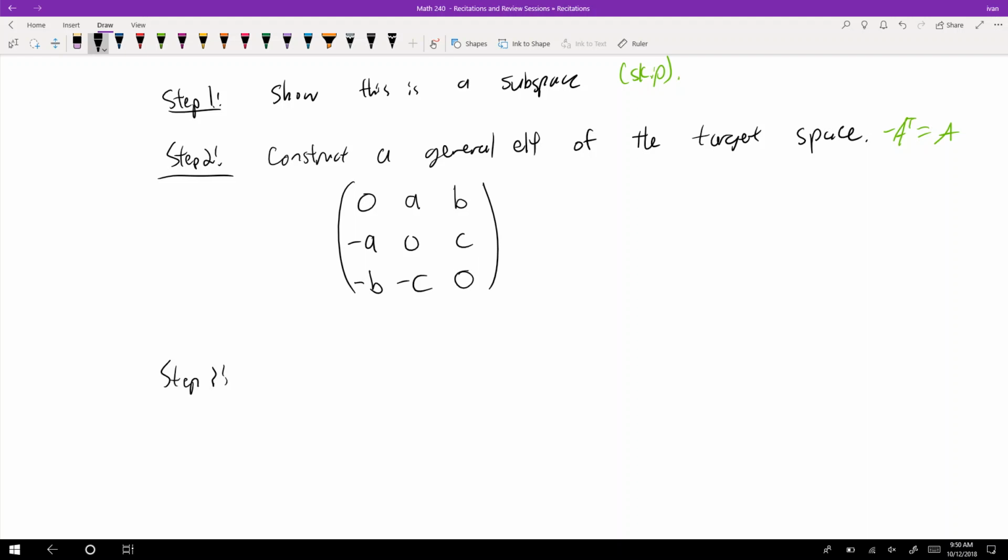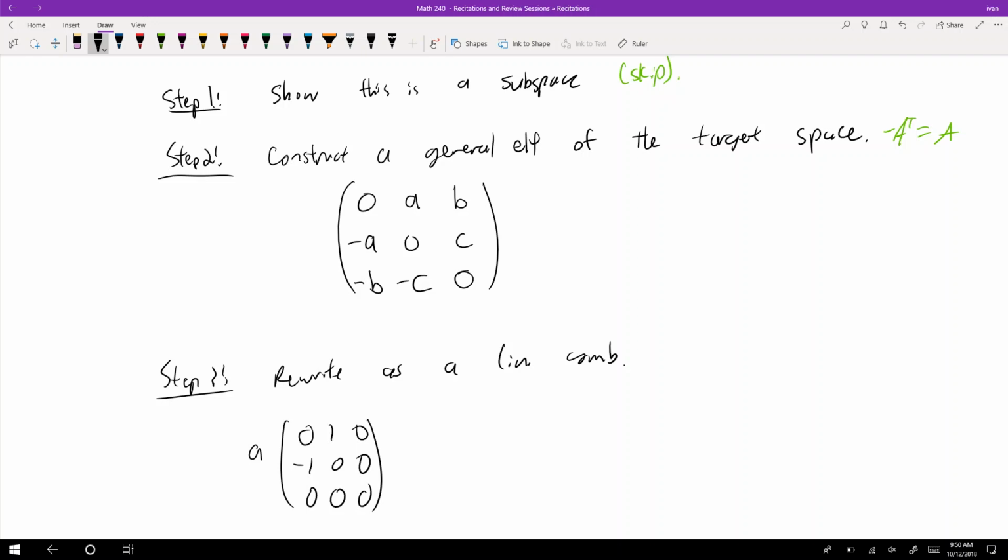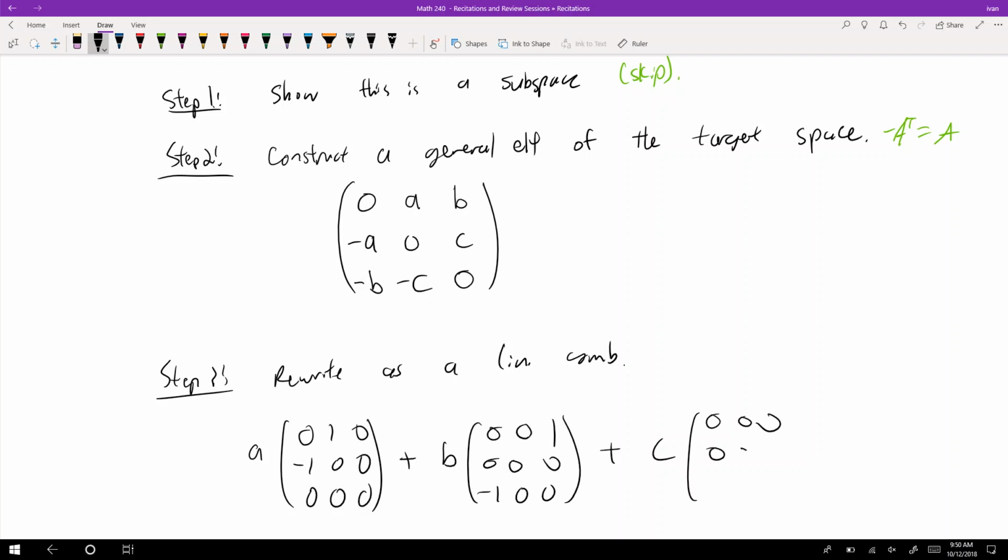Step 3 is to rewrite as a linear combination. So what are my unknowns? Well, my unknowns of my matrix are essentially A, B, and C, since they're all scalars. So I can rewrite this as A times [0, 1, 0; negative 1, 0, 0; 0, 0, 0], plus B times [0, 0, 1; 0, 0, 0; negative 1, 0, 0], plus C times [0, 0, 0; 0, 0, 1; 0, negative 1, 0].